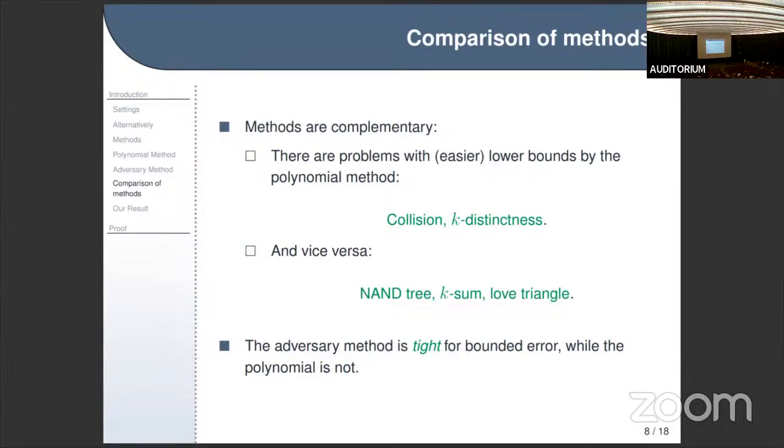Even the lower bounds for k-sum and triangle use similar ideas of indistinguishability and extension, but the difference is that they also have more structure to them. So it's quite possible that you can take these ideas of having structure and add these powerful techniques of dual polynomials to get something interesting. Thank you.